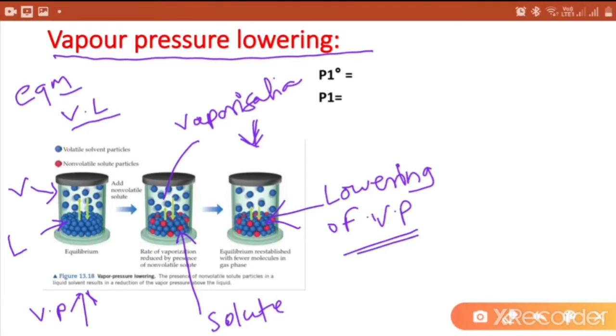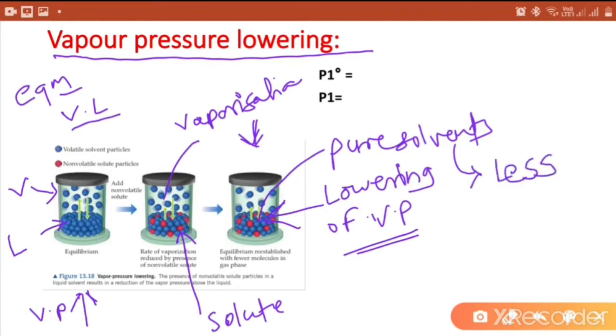In this lowering of vapor pressure, the molecules of pure solvent have less surface area available for vaporization. The surface area for vaporization of the solution becomes less, and as a result, lowering of vapor pressure takes place.